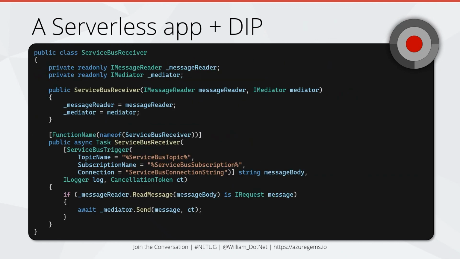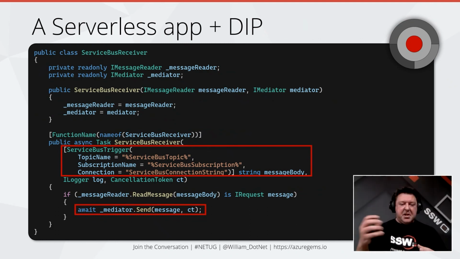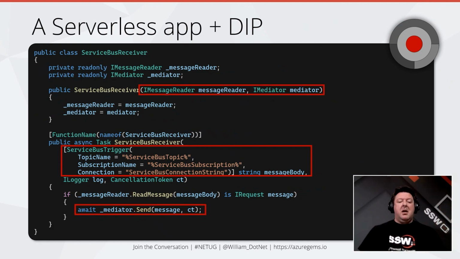And so when my application receives a message from Service Bus, so we're using that Service Bus trigger, and I'll cover the topics and subscriptions soon, when we receive that message, I can go and read it, and because all my messages, I sculpt them as mediator requests, I can deserialize that message directly into a mediator request and send it through the pipeline. And I can do that by injecting my message reader and mediator itself.